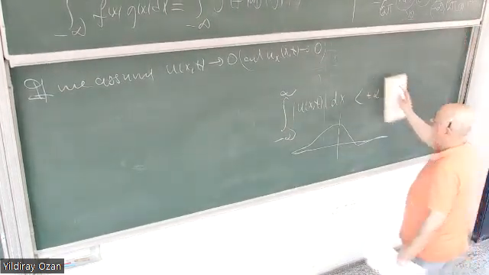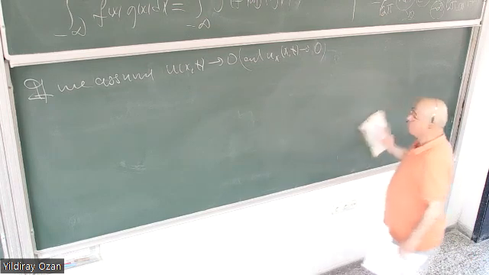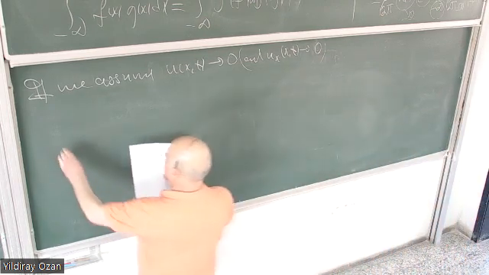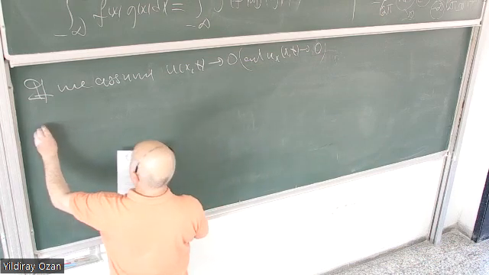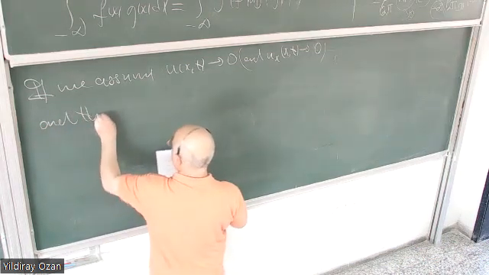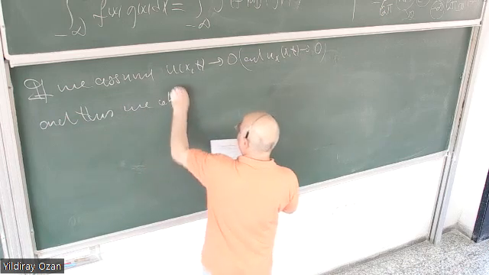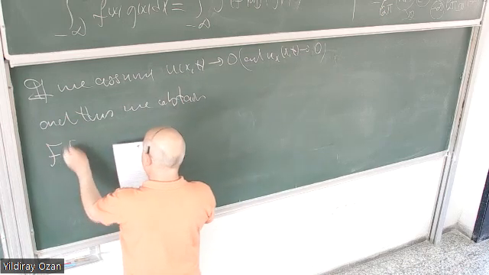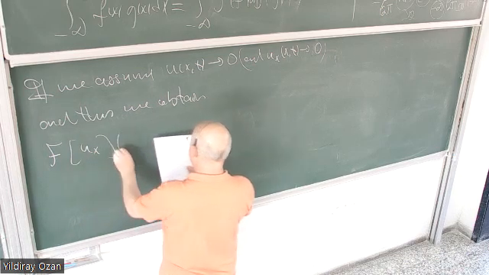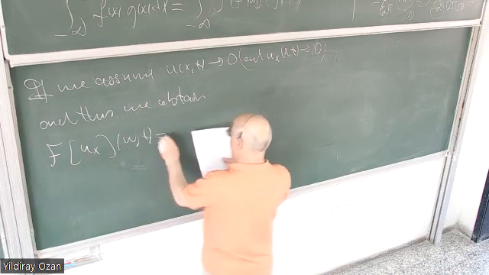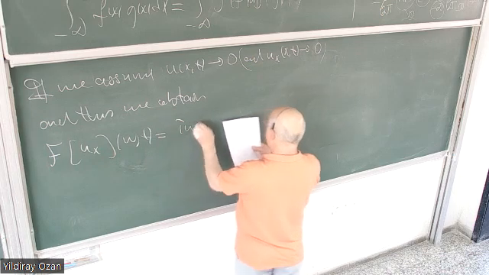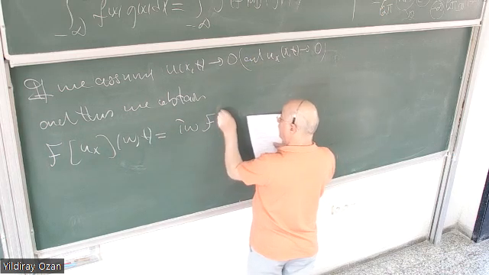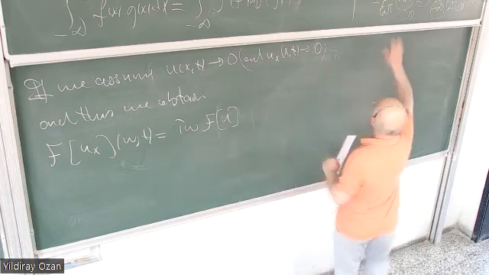And thus we obtain: the Fourier transform of u_x as a function of w and t is just i times w times the Fourier transform of u.